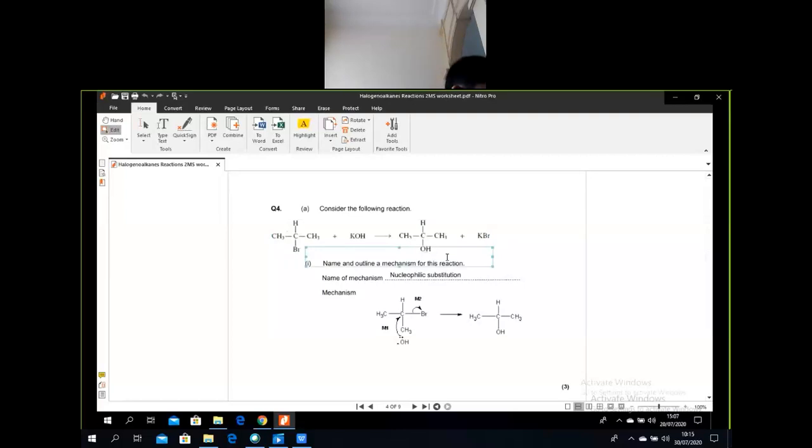This alcohol type is also called a secondary alcohol. And then the side product is potassium bromide. The reaction is called nucleophilic substitution because the bromine atom is displaced by the hydroxide OH.